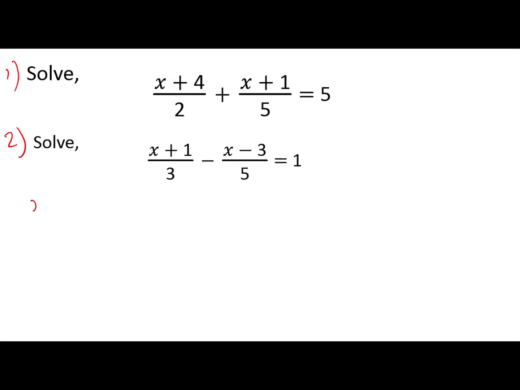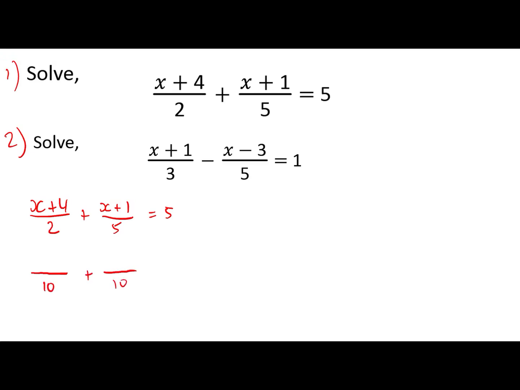Okay, so I'm going to do the first one, so just simply write the question: x plus 4 over 2 plus x plus 1 over 5 equals 5. Now the first thing I want to do is try to add the fractions. Now if I do that, I need a common denominator, so I'm going to choose 10.